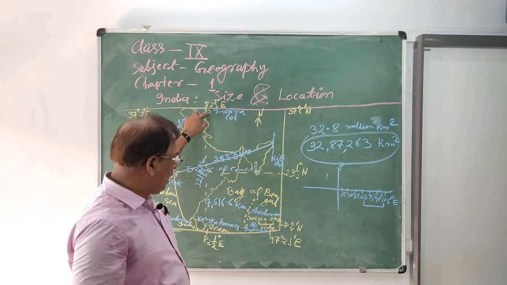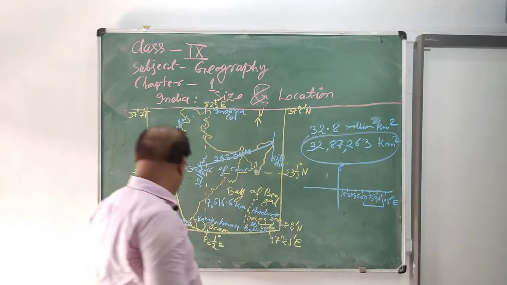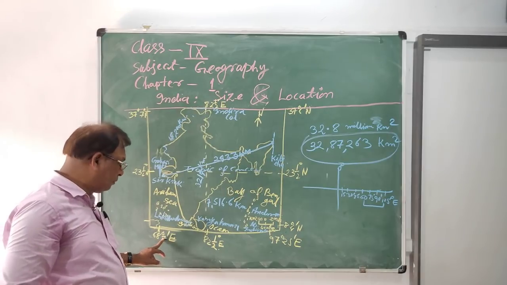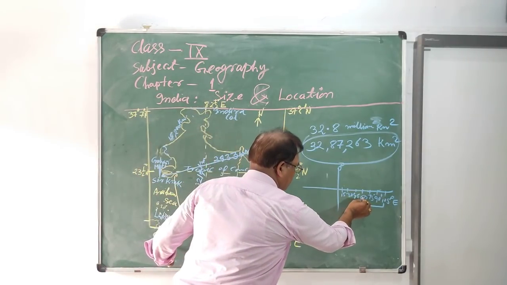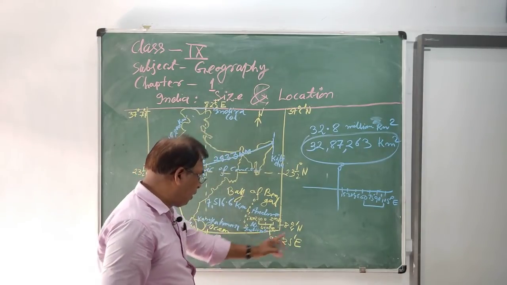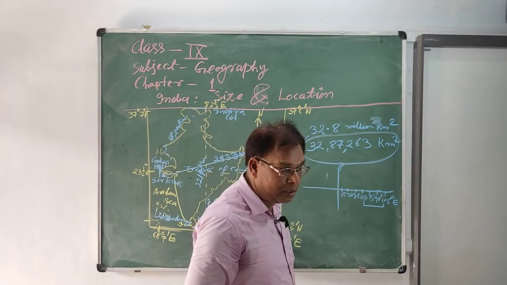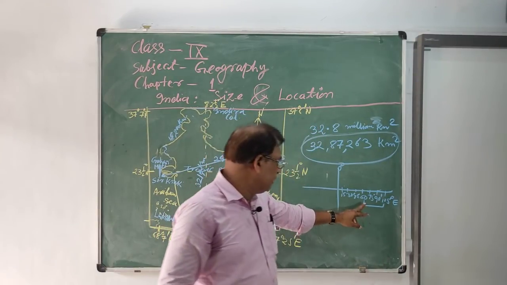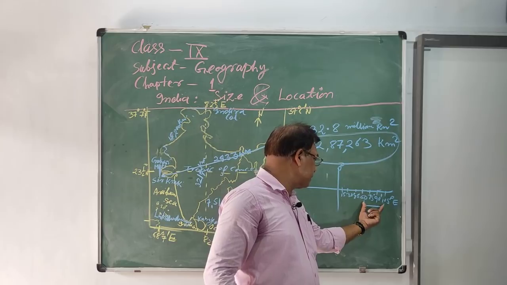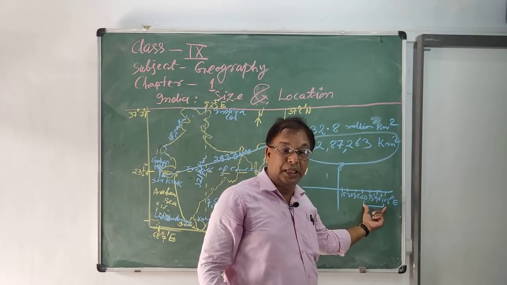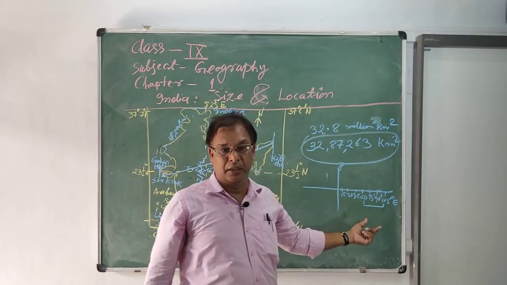India's 82.5 degrees means India starts 22 degrees 30 minutes after the 60 degrees, and before 105 degrees, 22 degrees 30 minutes east. Therefore you can say India lies between the 60 to 105 degree standard meridians.